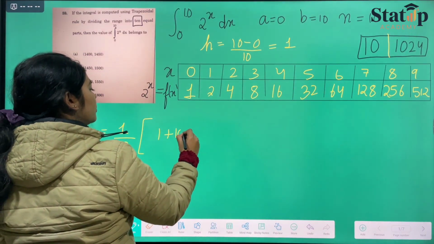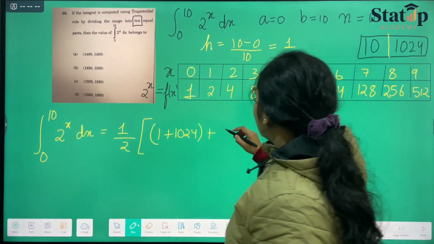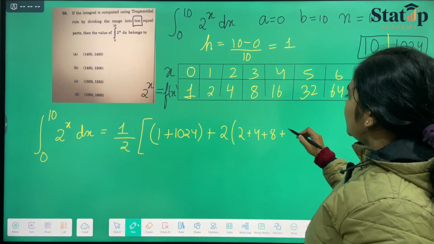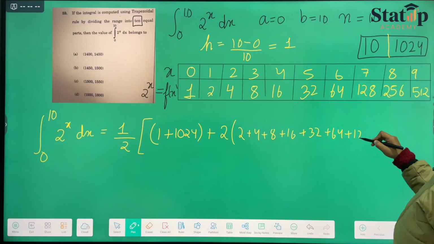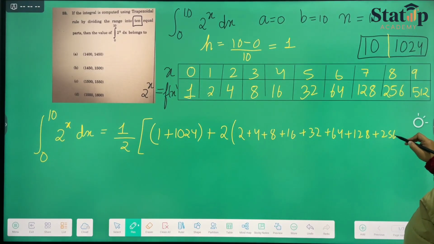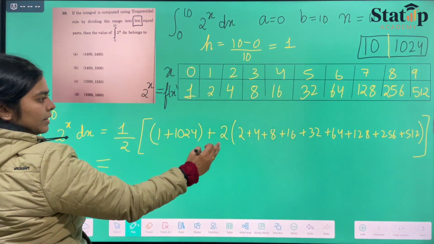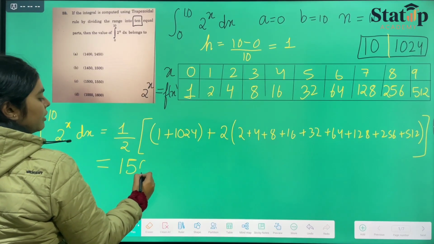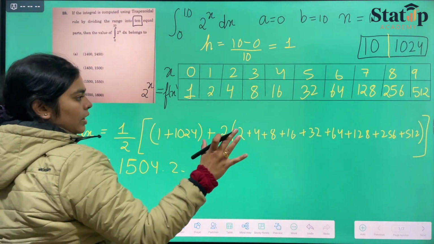So 1 plus 1024, and we have to add all the middle terms, that is 2 into (2 plus 4 plus 8 plus 16 plus 32 plus 64 plus 128 plus 256 plus 512). If we add all of them and then multiply by 1 upon 2, we will get our answer, 1504.2 something. You can check your answer by adding that.